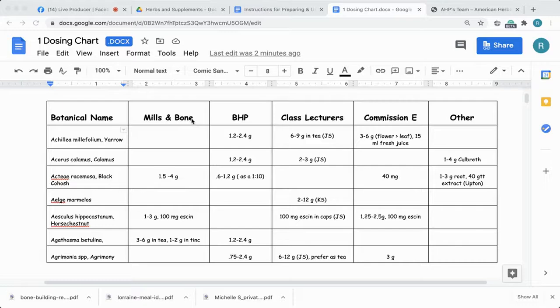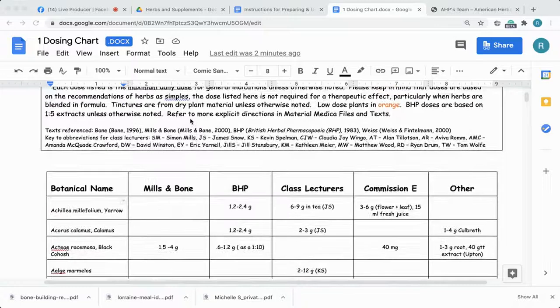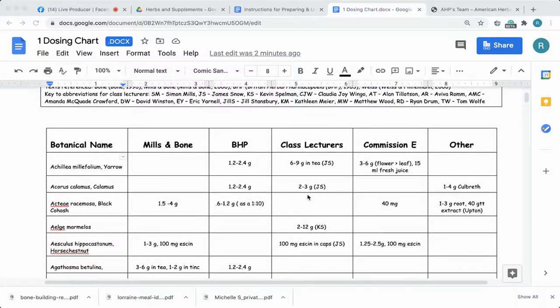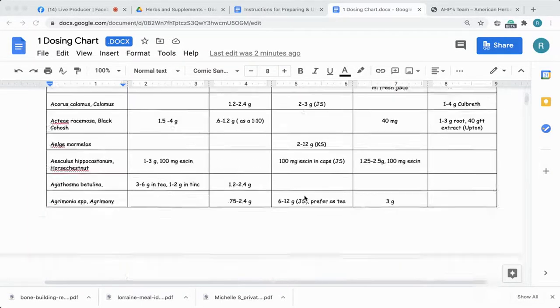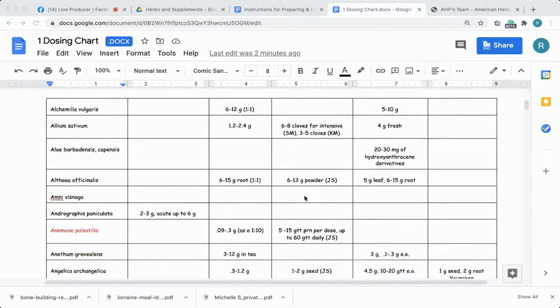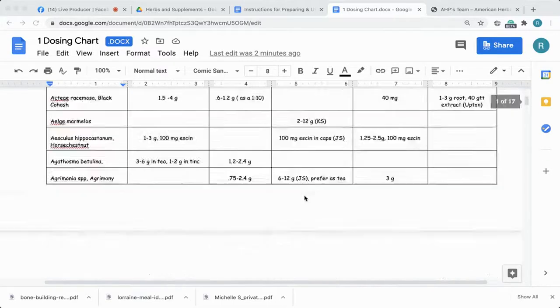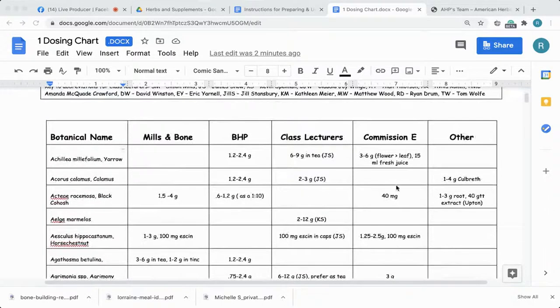If you wanted to learn about herbal medicine and you don't want to pay for a course or take a class, I would read the Principles and Practice of Phytotherapy. These books are referenced up here. Now, the class lecturers is when I was a student, we'd have different class lecturers that would give us their preferred dosing based on their own empirical clinical practice.